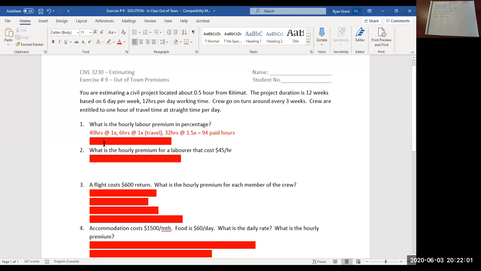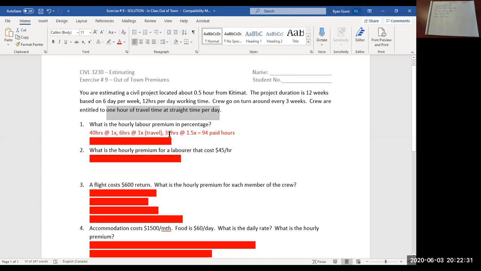So first thing we need to do is determine how many total paid hours each week. We have 40 hours at straight time. That's what the 1x means. Then we've got 6 hours again at straight time. That is your travel, 1 hour of travel time at straight time each day, so 6 hours at straight time here.